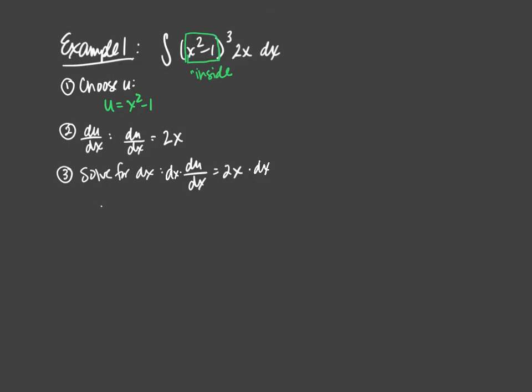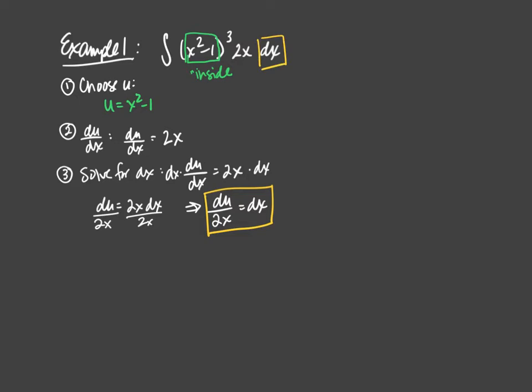That results in du is equal to 2x dx. And then the last thing to solve for dx is I'm going to divide by 2x. So this gives me du over 2x is equal to dx. So that's what I'm going to replace up here.